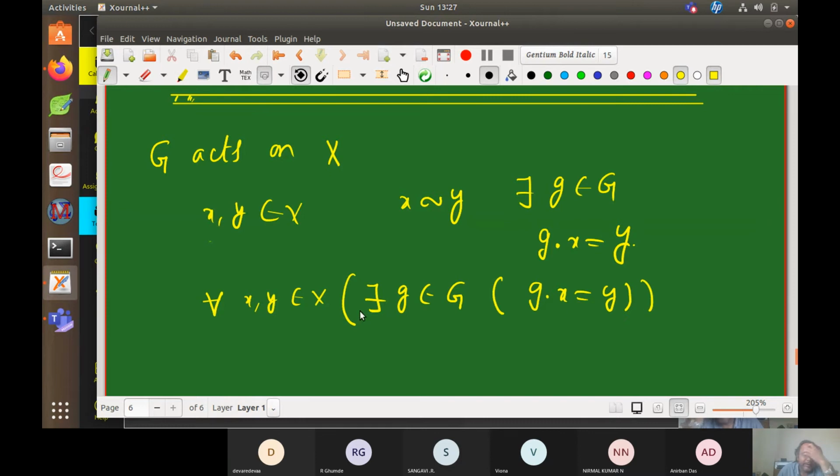Are you following what I wrote here? For every x, y, whatever you take, there is a g that takes one to the other. When this happens, this action is called... does somebody know that?